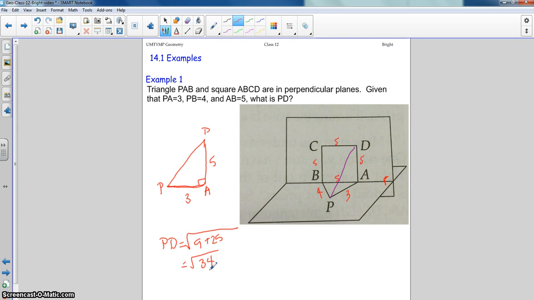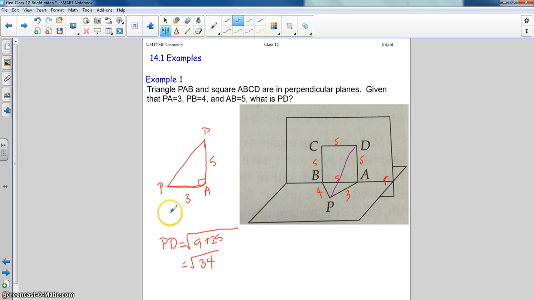Just to recap, what I did is I put in all my information, and then I looked at what I needed. I looked at PD, and from the diagram, I saw that P, A, and D all lie on the same plane, and the two-dimensional figure I get out is a right triangle, right because the planes are perpendicular.